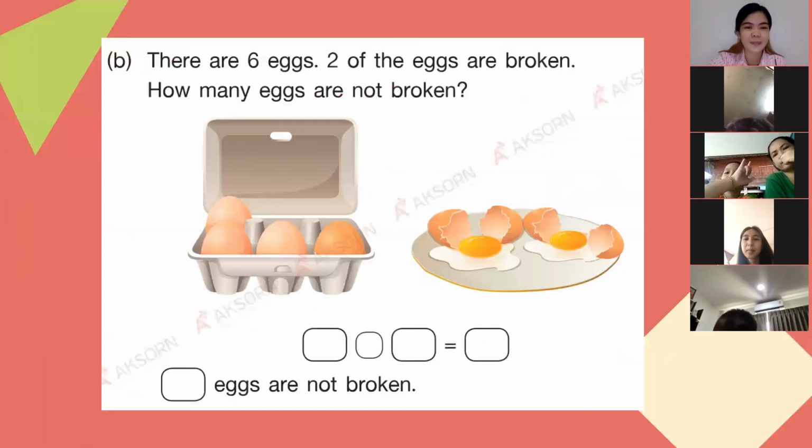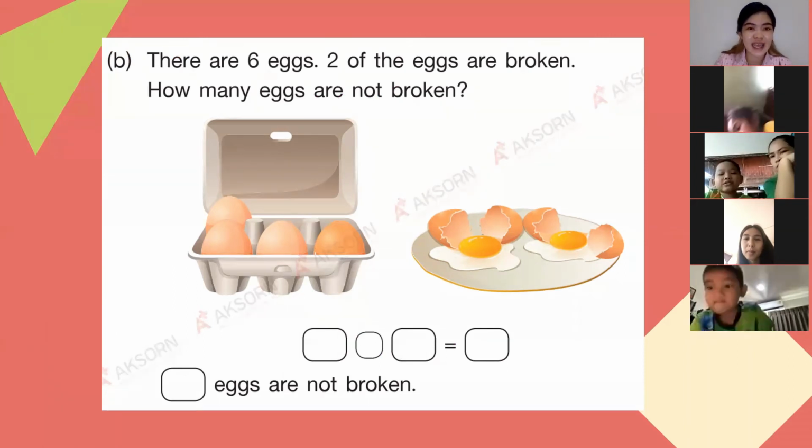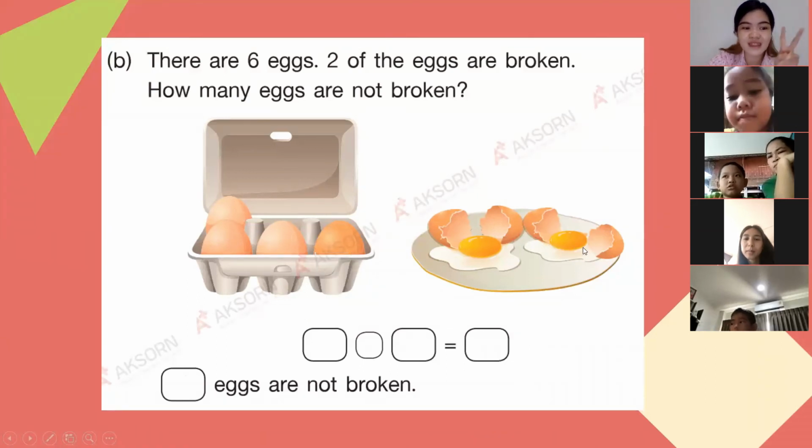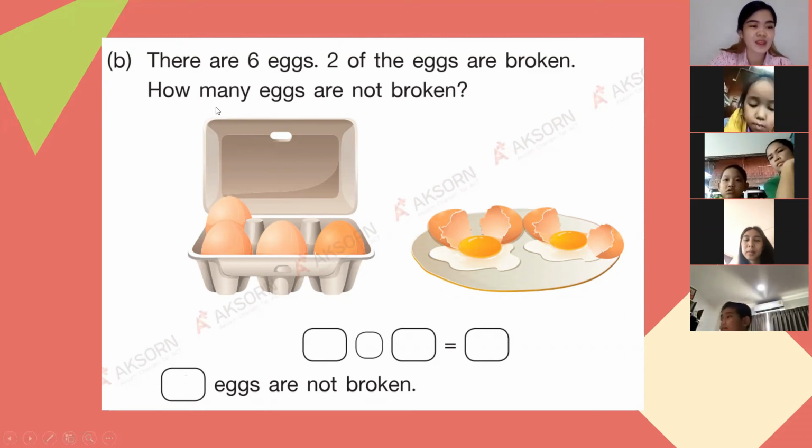Okay. So for letter B, it is on page 86. There are 6 eggs. Look at the eggs. We have 1, 2, 3, 4, 5, 6. But 2 of the eggs are broken. So we're going to answer how many eggs are not broken. So we're going to write the answer 6.